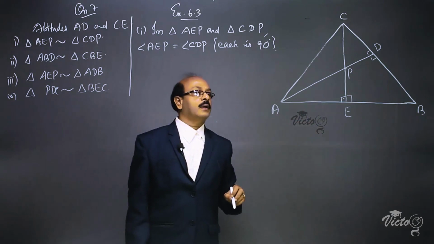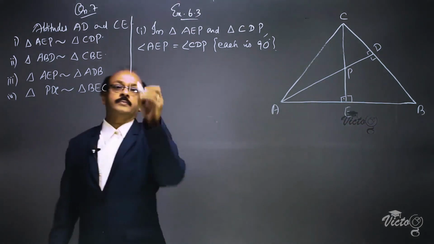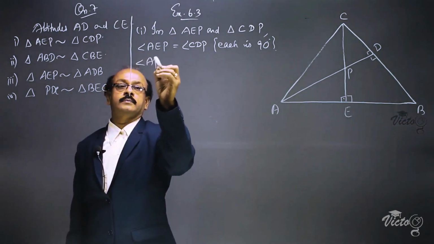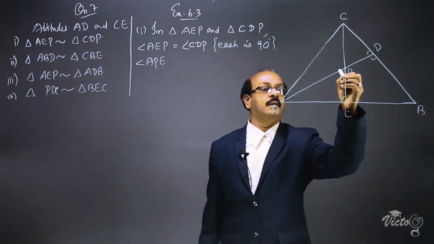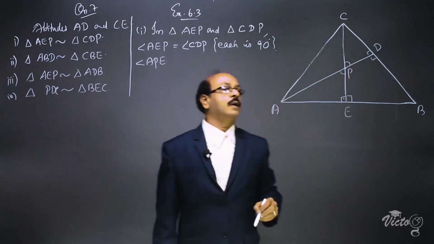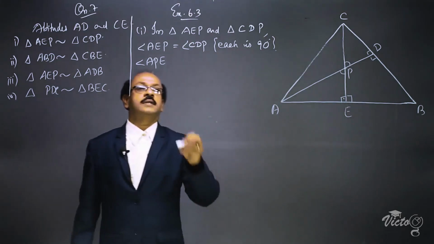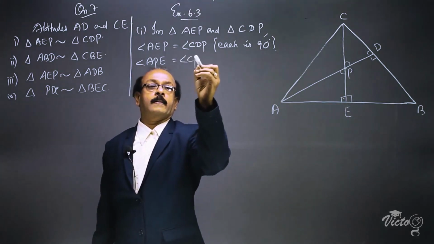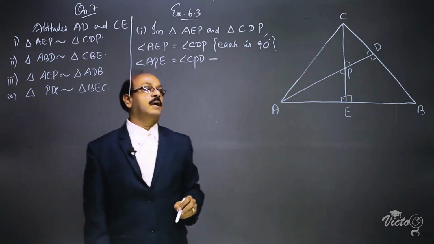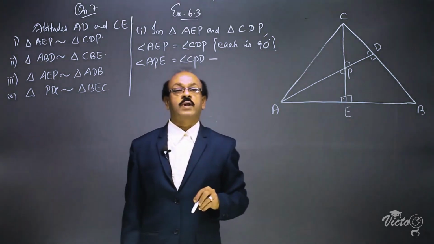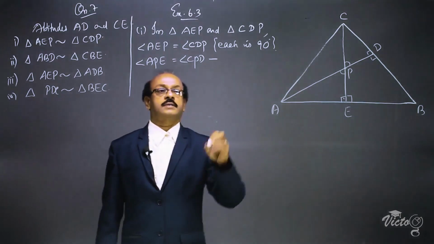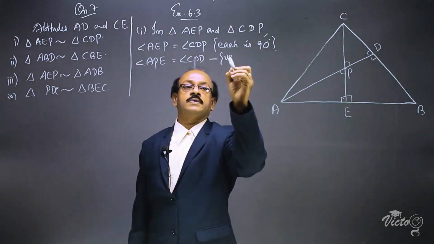And angle APE is equal to angle CPD. The reason is angle APE and CPD are a pair of vertically opposite angles.